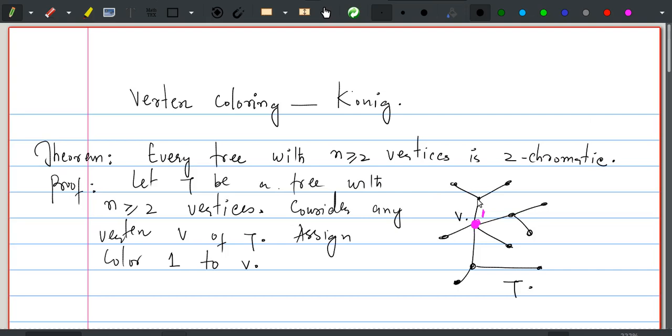Clearly these are the vertices. Let us call these v1, v2, v3, v4. These are the vertices which are adjacent to v. Obviously we have to color these vertices with a different color. So let us choose this color blue here, and color these vertices with blue color.